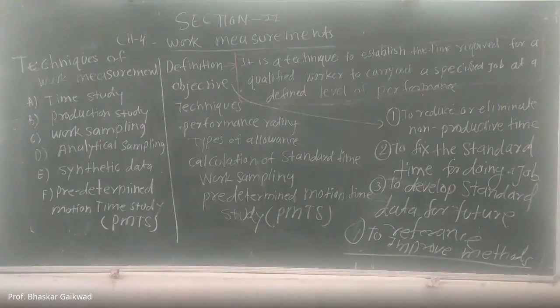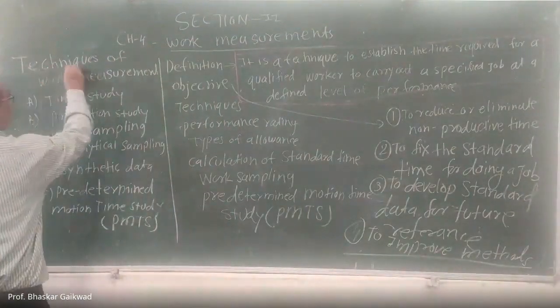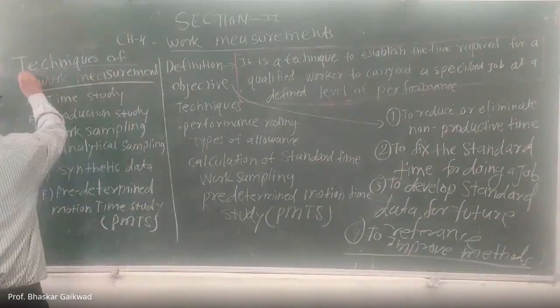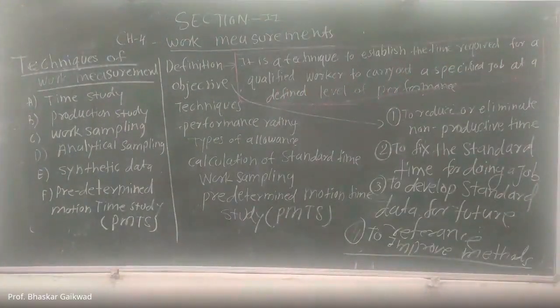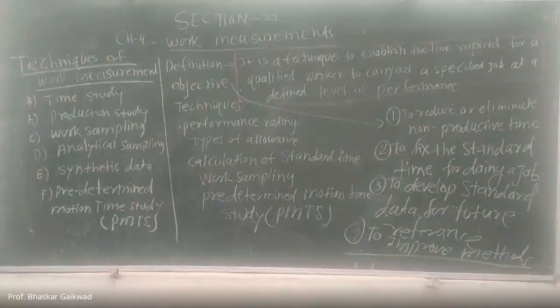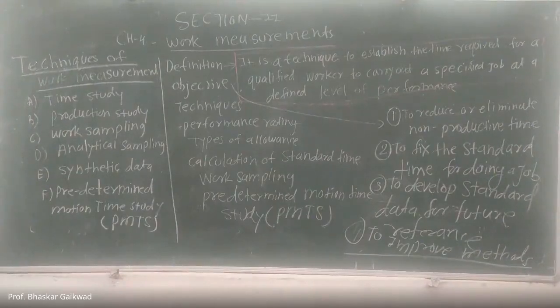Now we go to the next topic, the techniques of work measurement. First technique is time study, meaning we make use of a watch system to get the observed times of any job in the manufacturing condition.